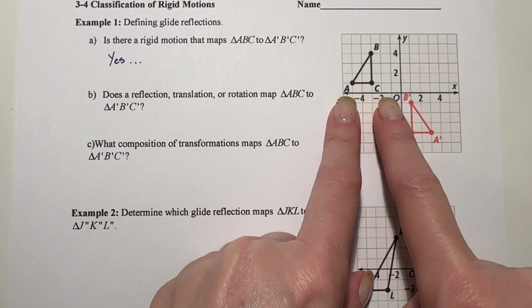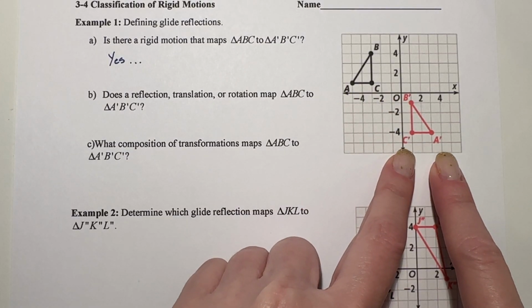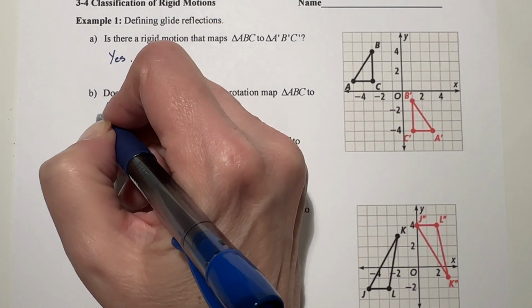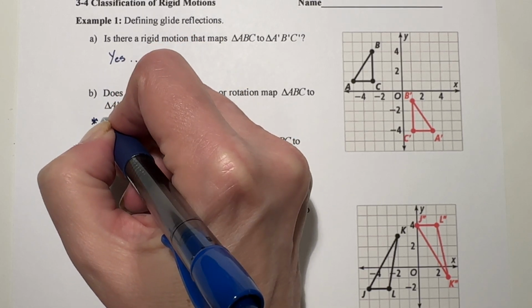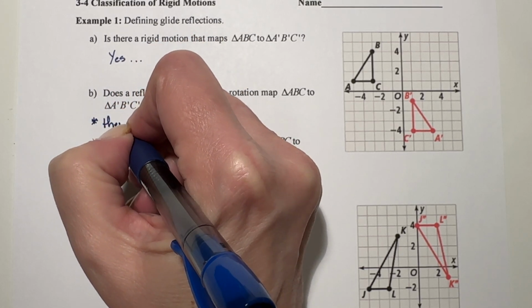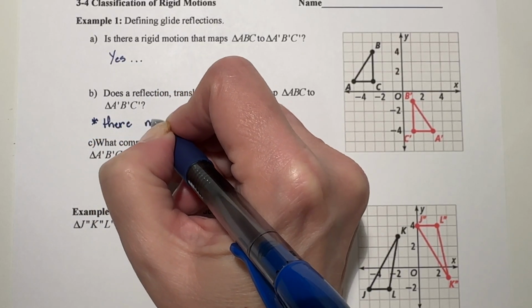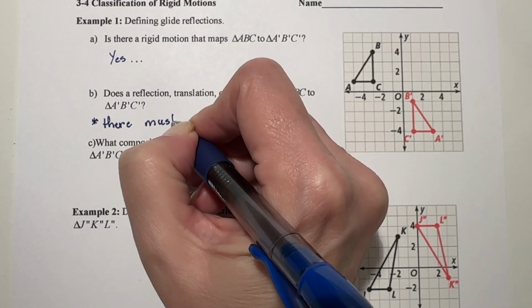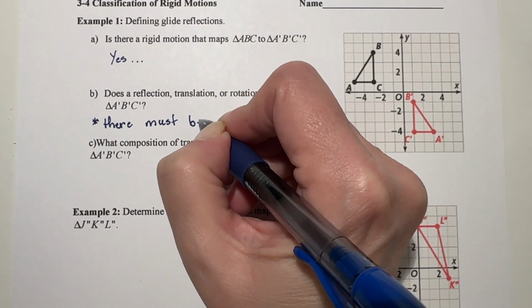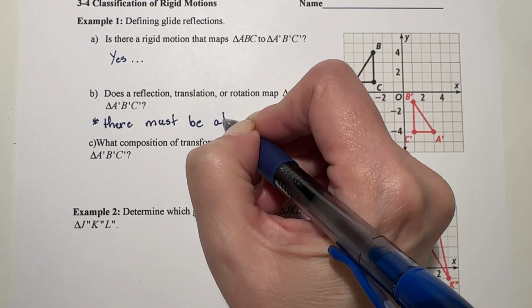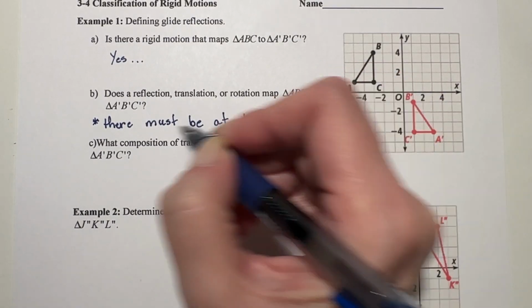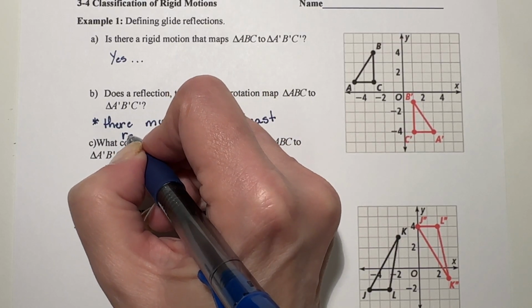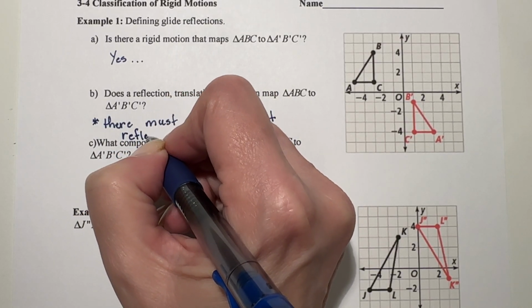Down here it's A on the left, C on the right, and then here these get swapped. I know that there has to be a reflection. And I'm going to say at least one. I know some of us have already thought of the answer, but we're going to write down at least one reflection.